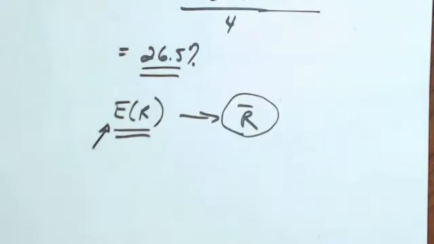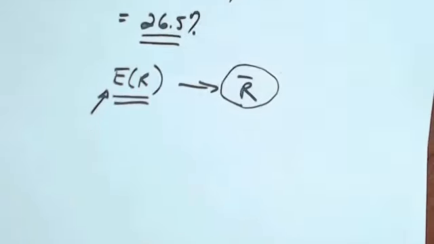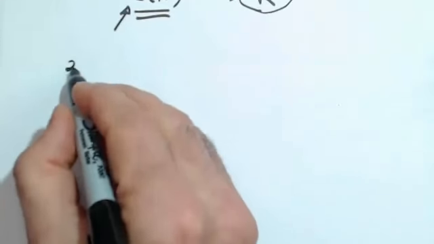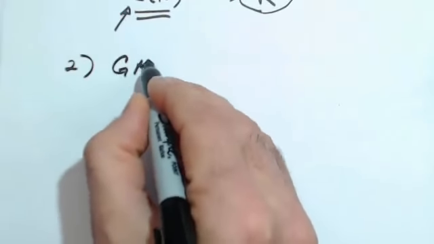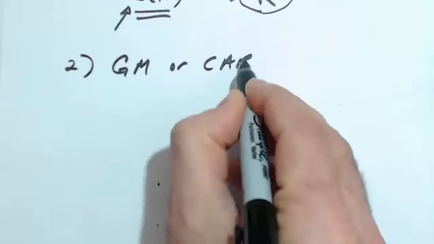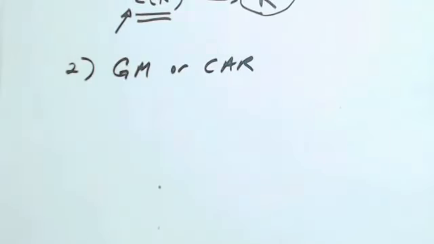The other type of average return that's out there is called a geometric mean, or a compound average return. Geometric means and compound average returns are important in finance because money compounds, and we need an average that reflects that compounding.